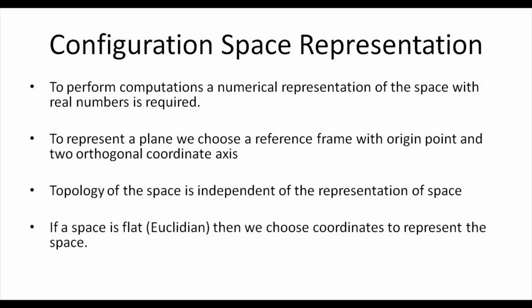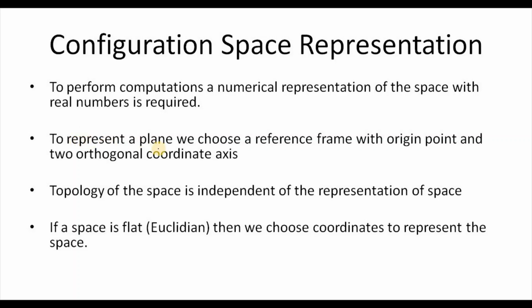When we want to do calculations with our robotic arm, we want to find its angle, its position, its orientation. So we need a numerical representation. We have to represent our configuration space with real numbers. This is called configuration space representation.